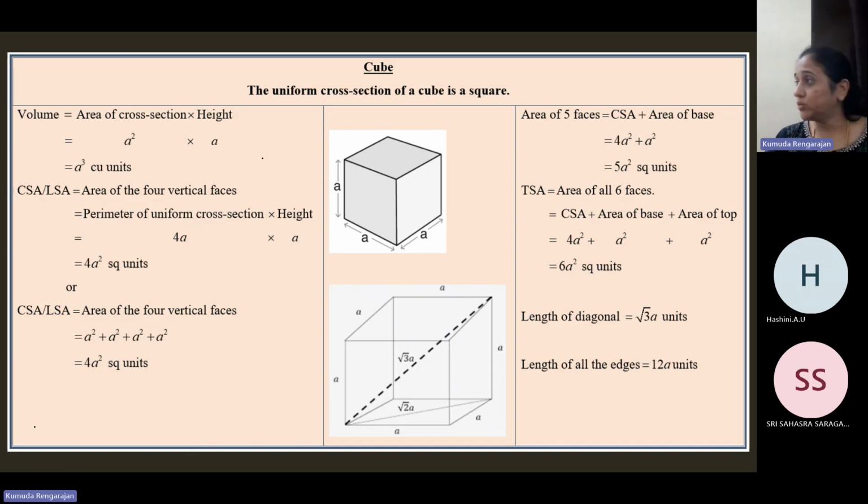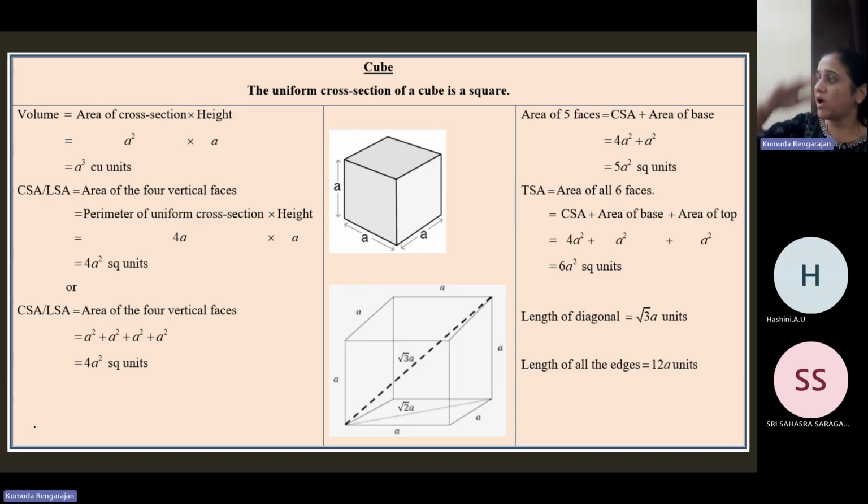Now, volume of a cube. All right. Now, how do we visualize a cube? Imagine you have many paper cutouts of identical squares, say each of side 5 centimeters.